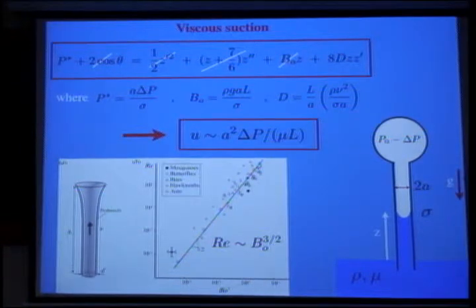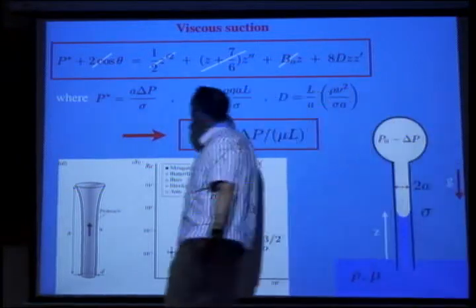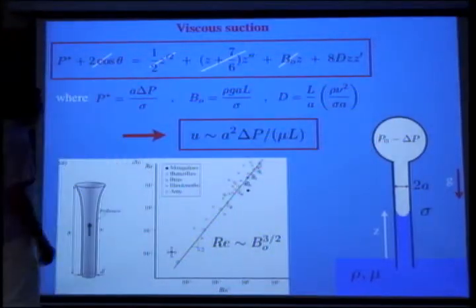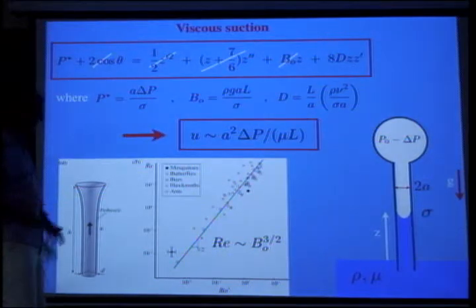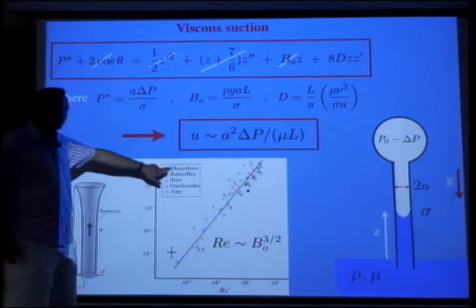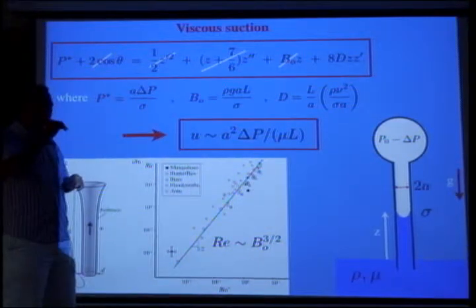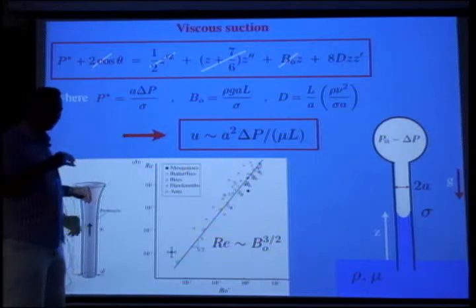And then when things get smaller, so mosquitoes, butterflies, bees, hawk moths, again they use suction. So you may ask, why don't mosquitoes use capillarity? Well, actually, once you've filled the tube up, you're no longer using capillarity, right?